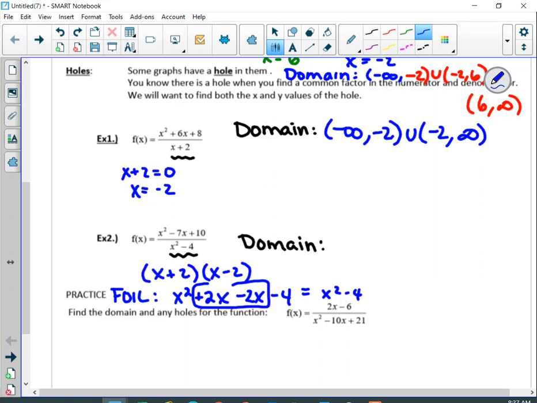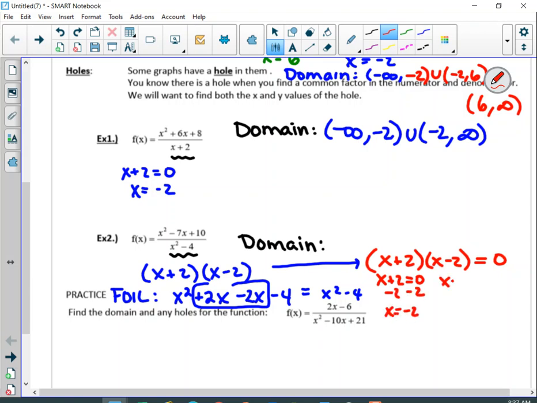The domain is going to break into as many pieces as zeros from your denominator. So when I do example 2, and I take x plus 2 and x minus 2 as my factors, one of them gives me -2 for x, and one of them gives me +2 for x.